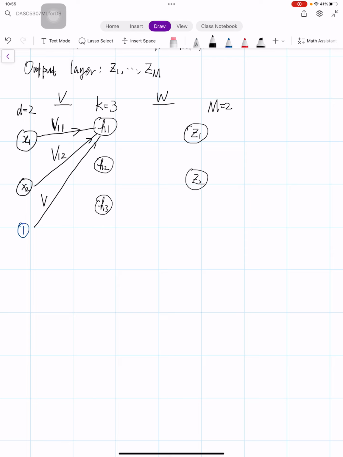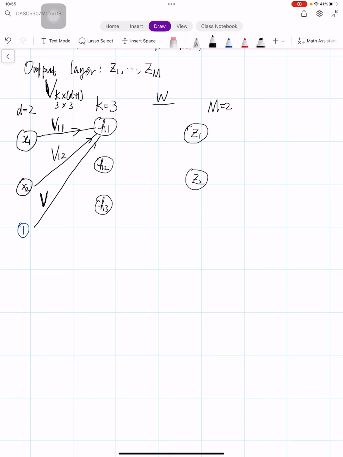If we want to use matrix notation, V is a matrix of size K by D plus 1, which is a 3 by 3 matrix, and the last row is the constant 1.